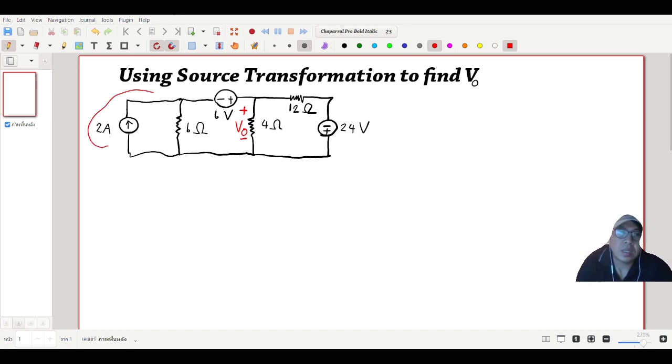This is the independent 6 ohm and then the 2 ampere current source in the upward direction. We will use this one.